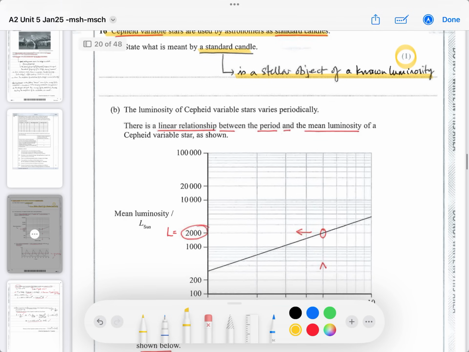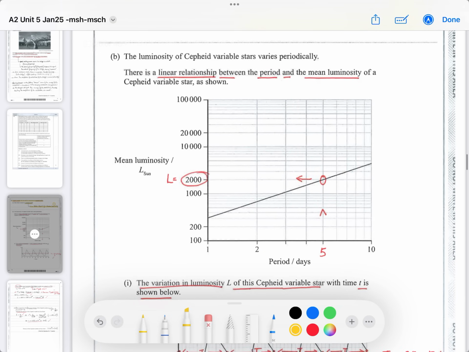Part B says the luminosity of such variable stars, Cepheid variable stars, vary periodically. Okay, now there is a linear relationship between the period and the mean luminosity of a Cepheid variable star as shown.